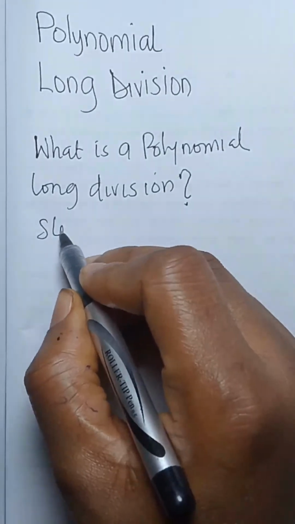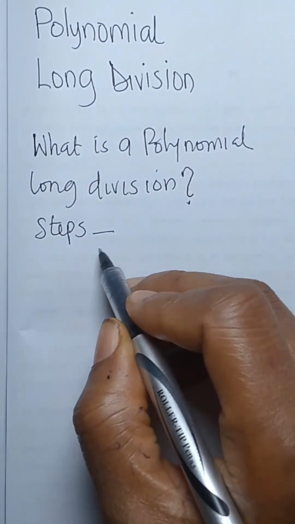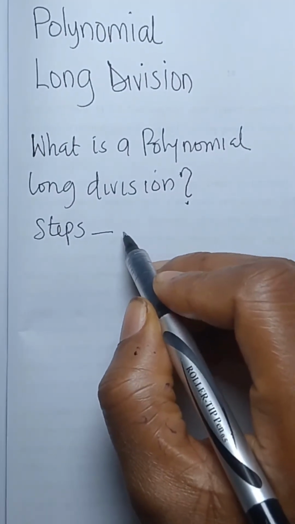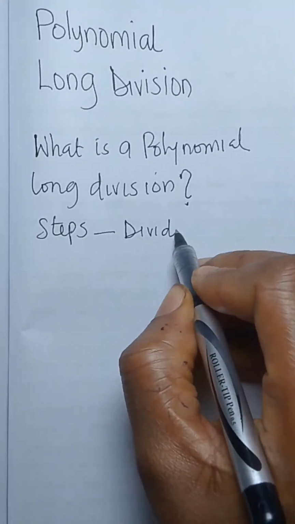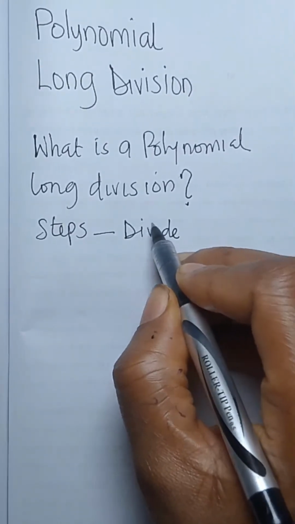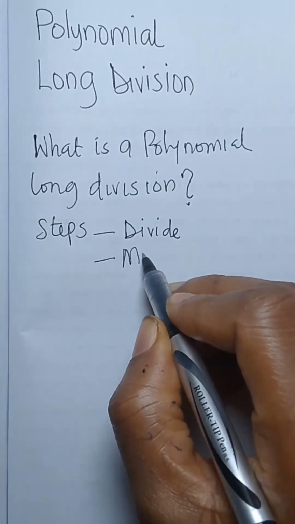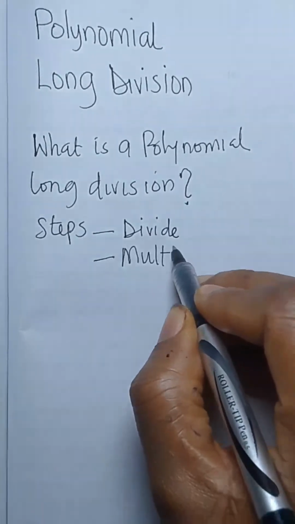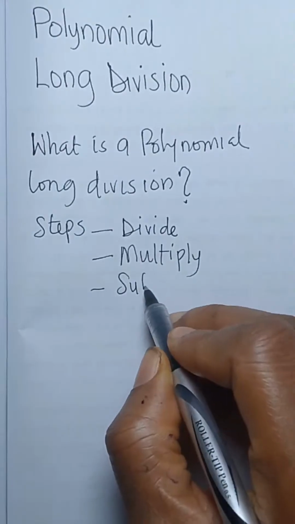Okay, so the steps for dividing long polynomials are: first, we divide. That's the first step. The second step, we multiply. Third step, we subtract.